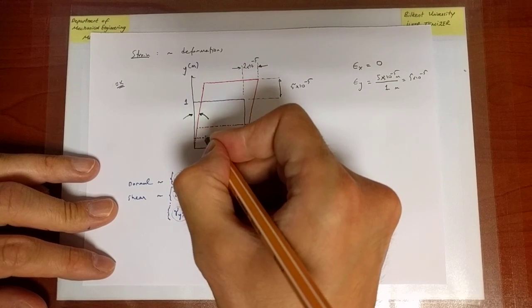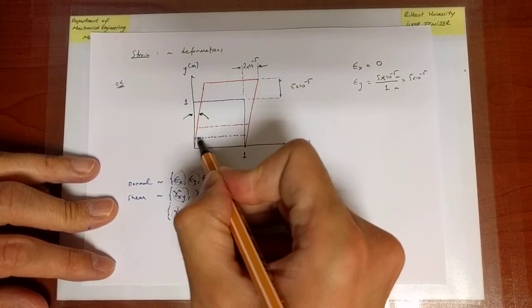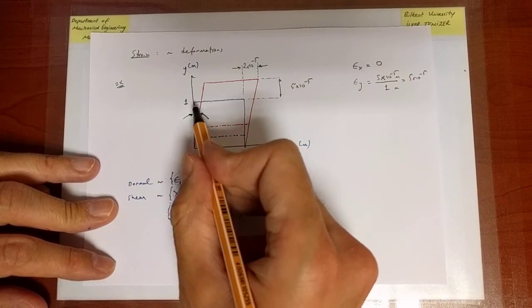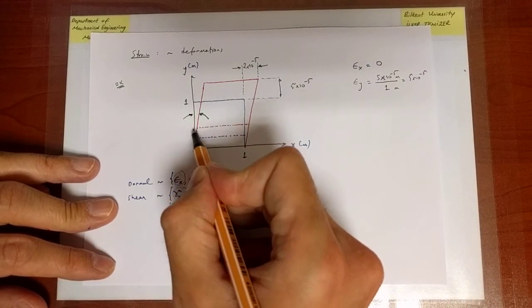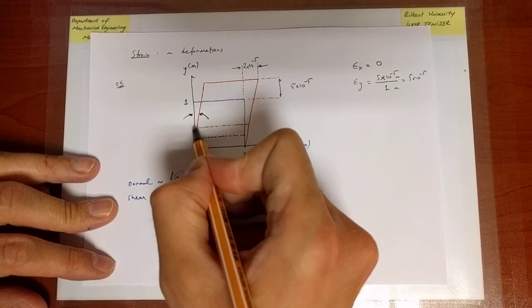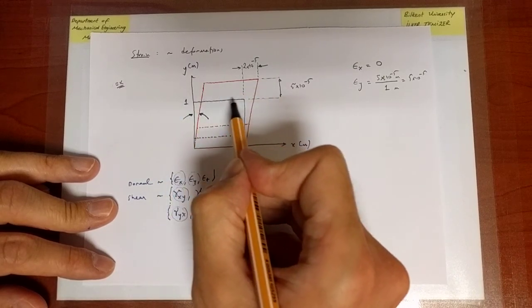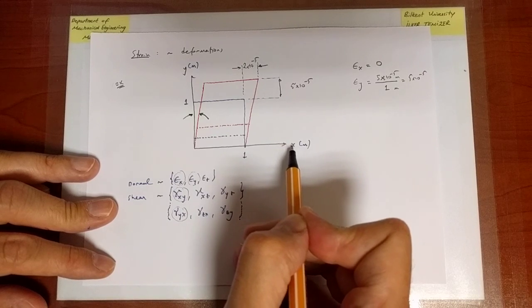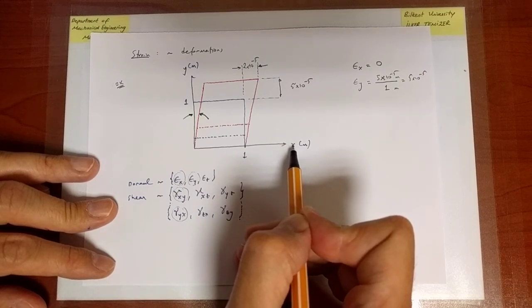The new angle is the angle that this red line makes with the x-axis. The old angle is the angle that this line, the original vertical line associated with the blue rectangle, in other words the y-axis, makes with the x-axis. So that's the angle of 90 degrees.